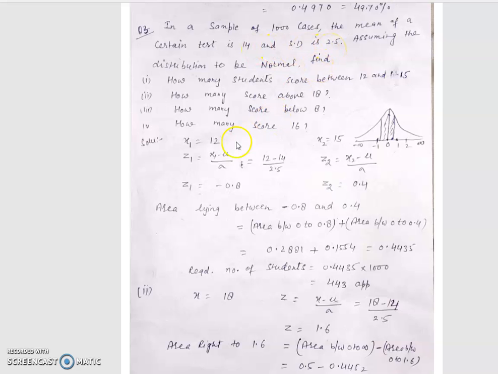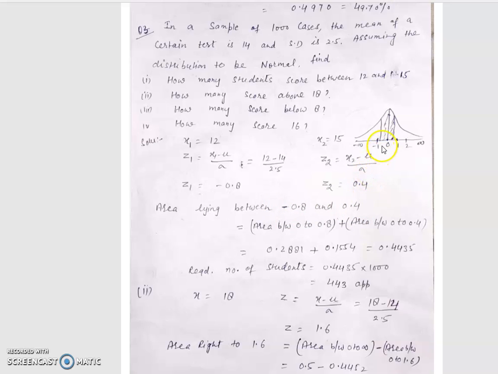The value of z1 is minus 0.8. Again, x2 equals 15, find z2. z2 is 0.4. What we have to find is the area lying between minus 0.8 and 0.4.